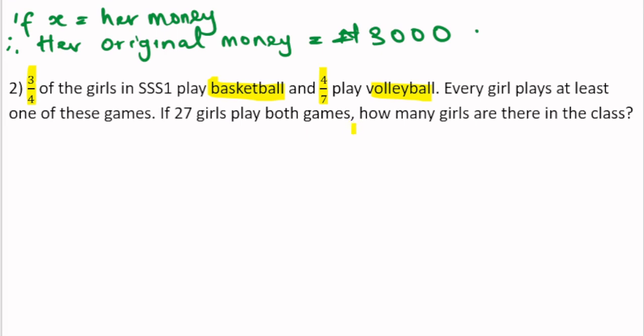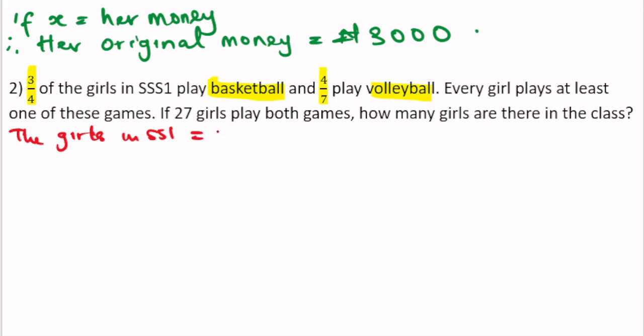So just like we did with question number 1, the first thing we're going to do here is to break down this question and bring out the important information. So we have 3/4 of the girls, the girls in SS1. We don't know the actual number of these girls. So we can break this down as the girls in SS1 should be equal to, let's use a letter to represent this also.